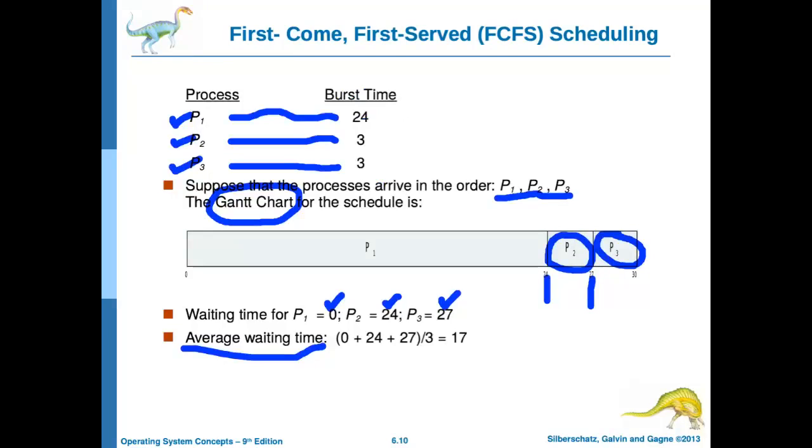Okay. If average waiting time is calculated like this, then my question is, if we change the order... Actually, according to this scheduling algorithm, we cannot change the order, because whichever process arrives first will be scheduled first.